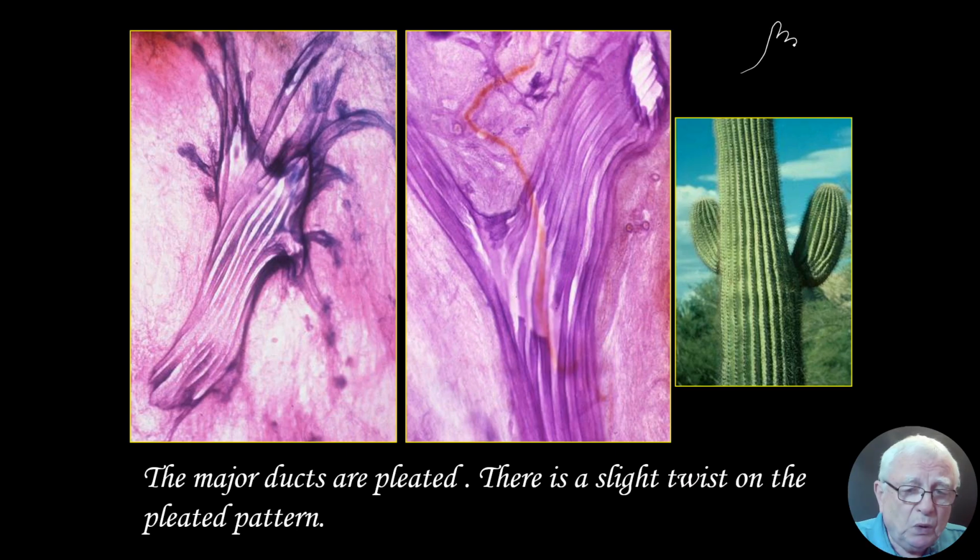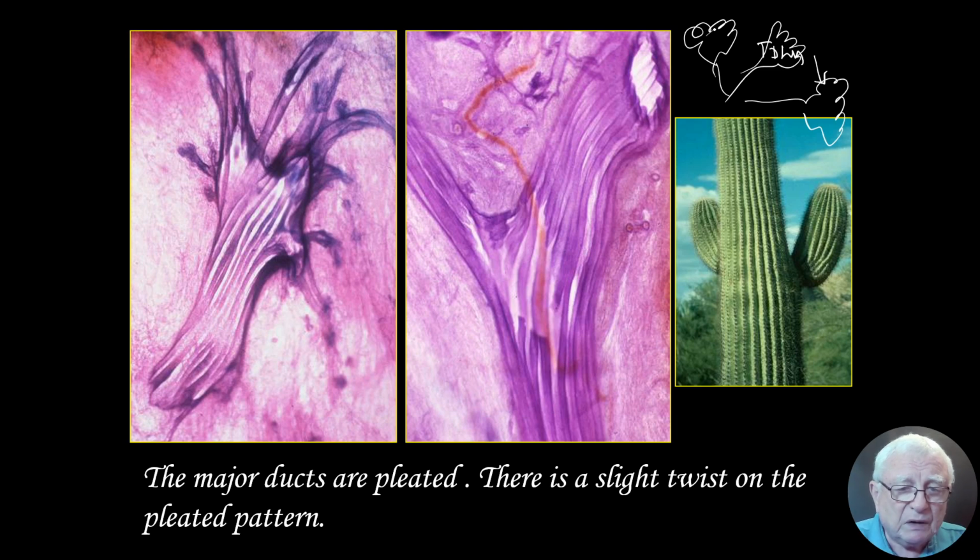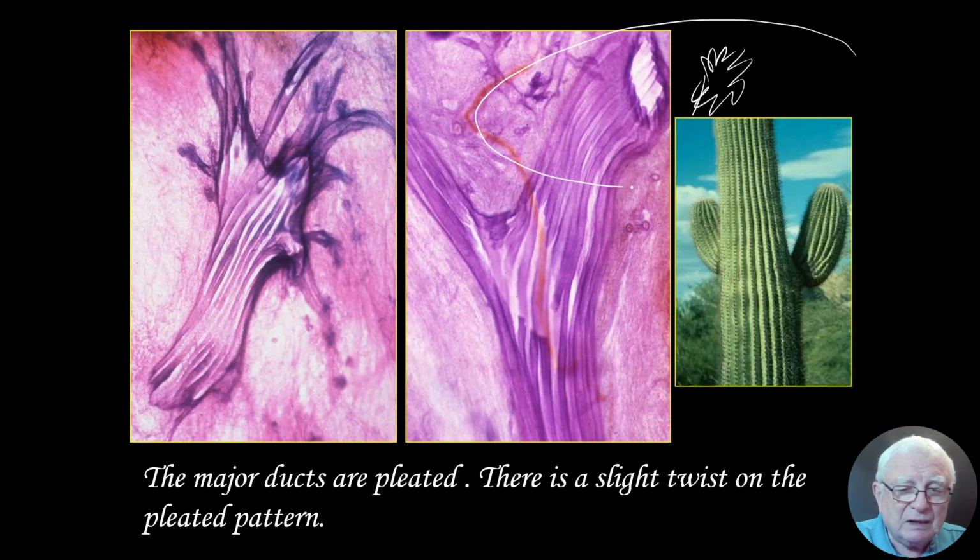Where do women store the milk when they are lactating? Production of the milk is taking place in the TDLU, but there is not enough room to store it. The milk is stored in the ducts. That's why it's pleated, because then it can distend 20 times.